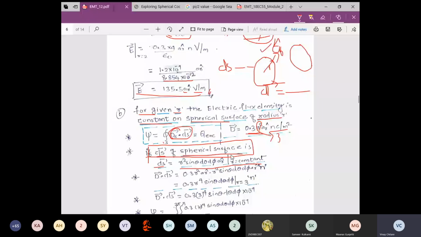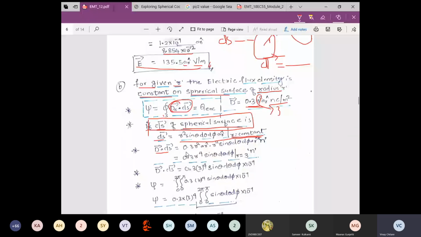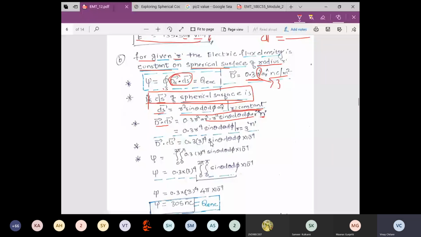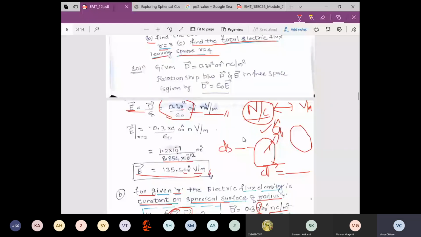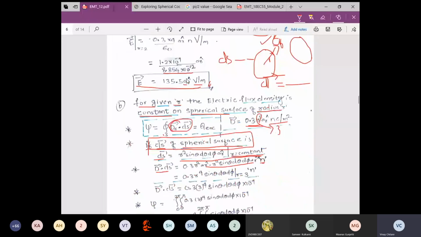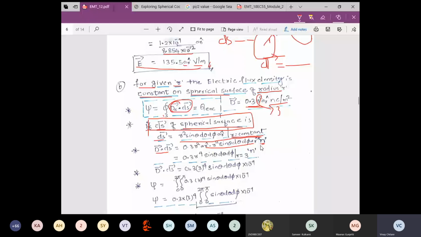So now you could see D dot dS is 0.3 r squared a_r hat dot r squared sin theta d theta d phi a_r hat, and it's nano, so I have placed the nano as it is. And we know that a_r hat dot a_r hat will be 1, and after simplifying it will be 0.3 r to the 4 sin theta d theta d phi. And we know that we need to evaluate this surface integral on the surface of a sphere of radius r equal to 3.